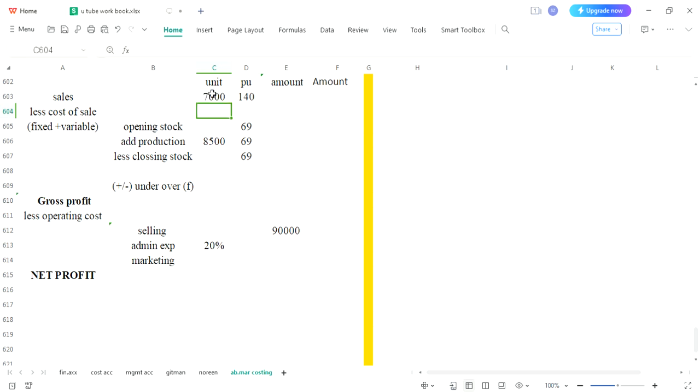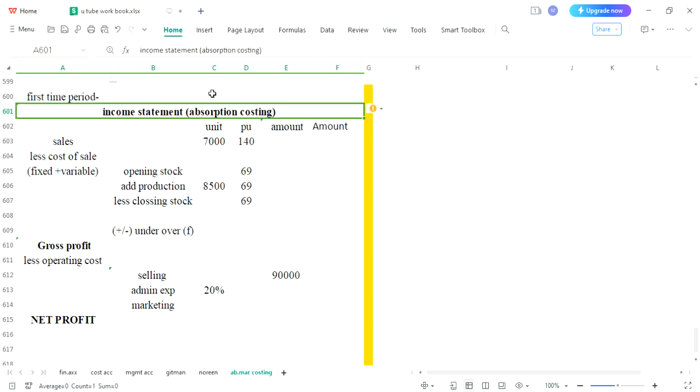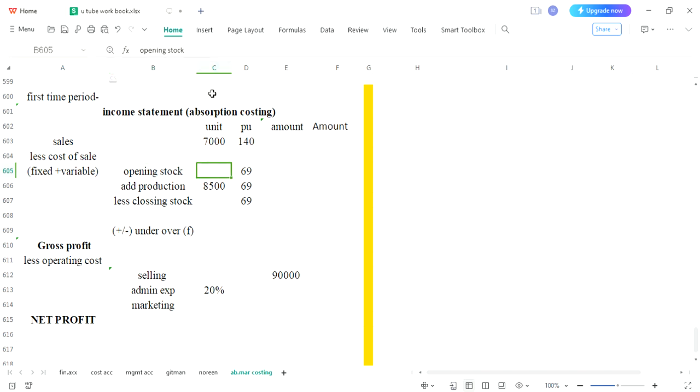Now let me know the opening stock. This is your first time period, so you will not be having any opening stock, so you can call it 0.